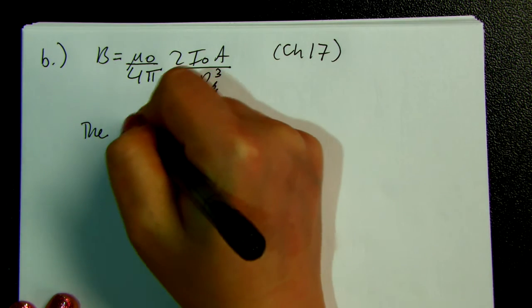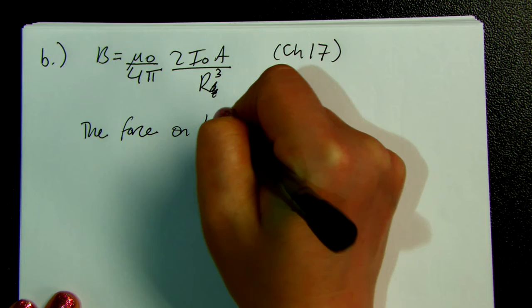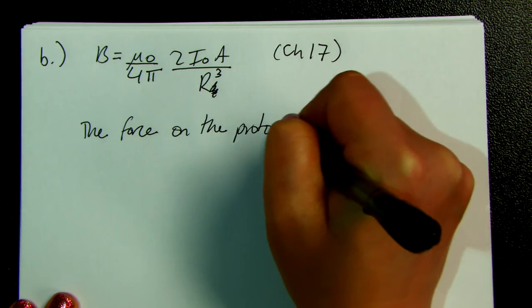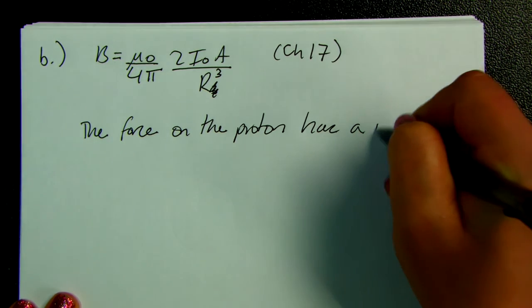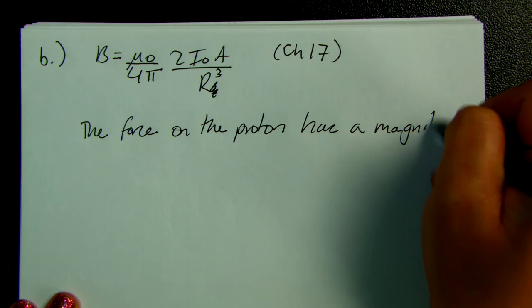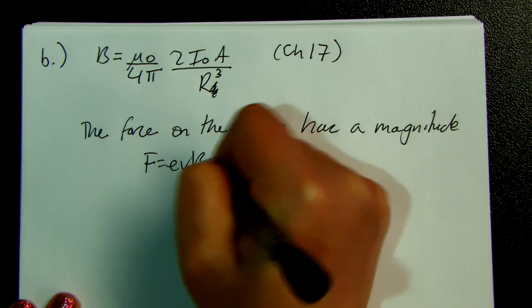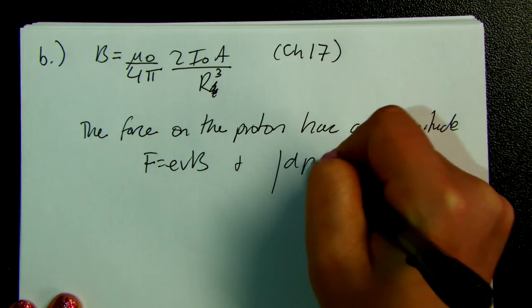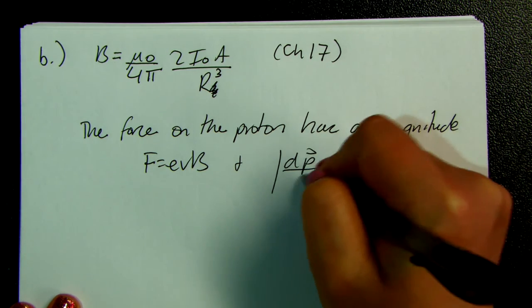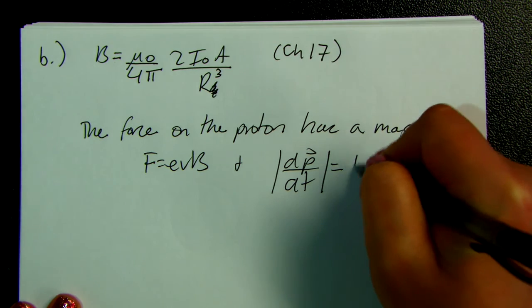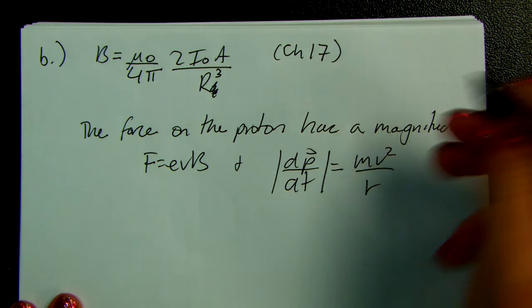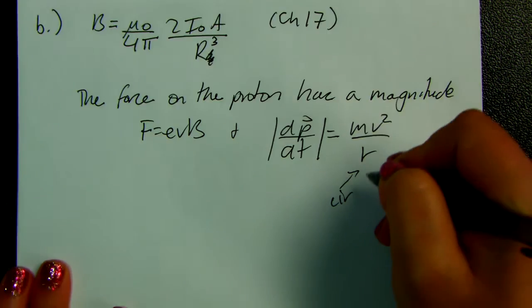So the force on the proton has a magnitude F equals evB, and we know that the magnitude of dp/dt is equal to mv squared over r for circular motion, which we are dealing with.